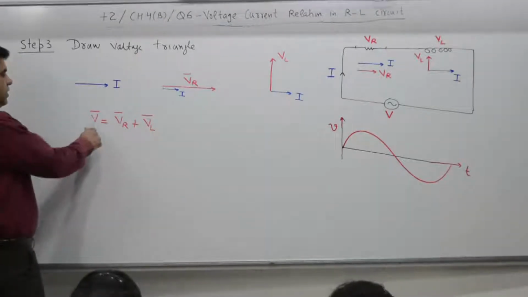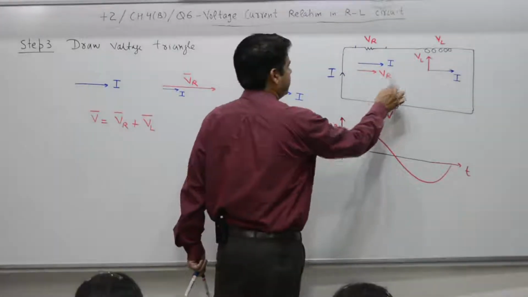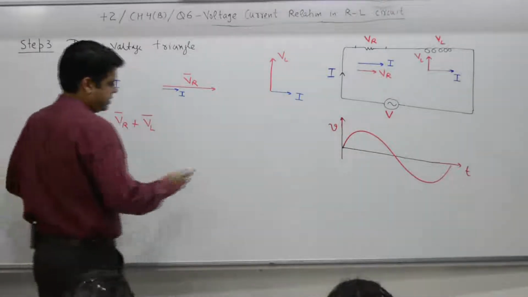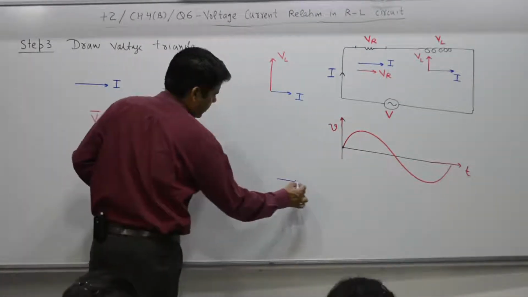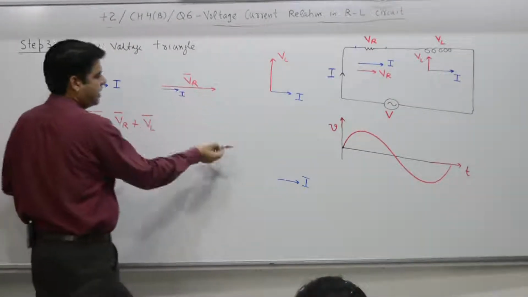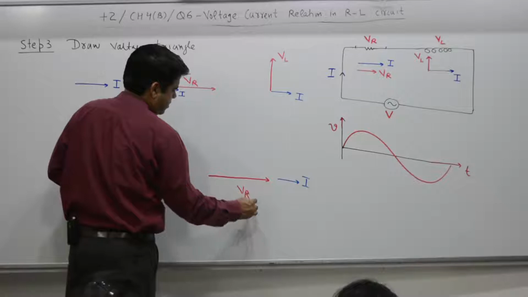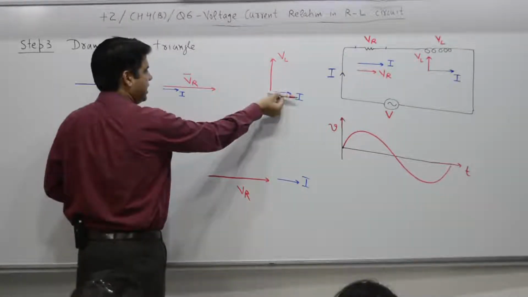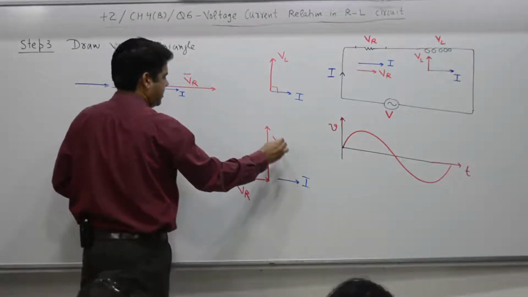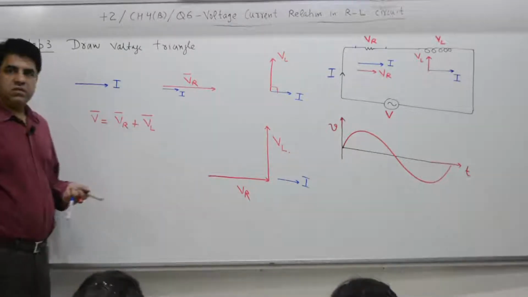Now, V, VR and VL, 3 phasors. We now redraw all these. Current is I, VR is in phase, so this is what VR is. VL and I are 90 degrees apart, so VL is here, and V is equal to VR plus VL.